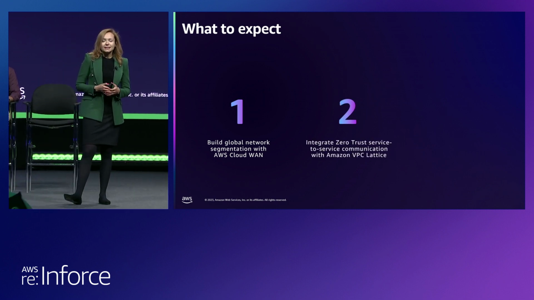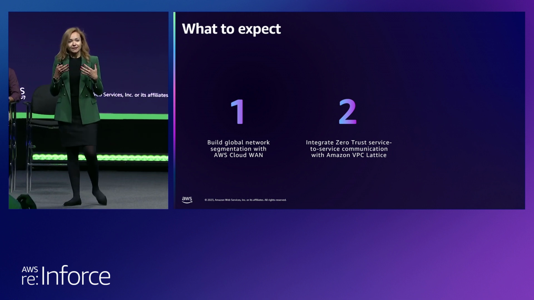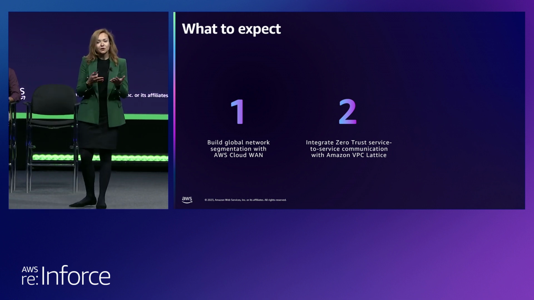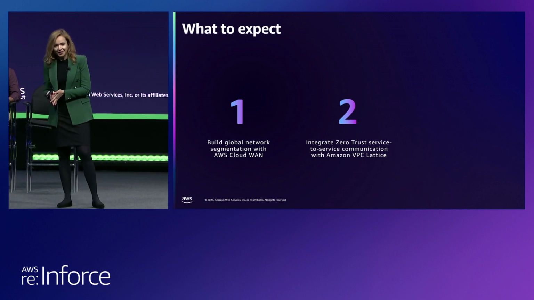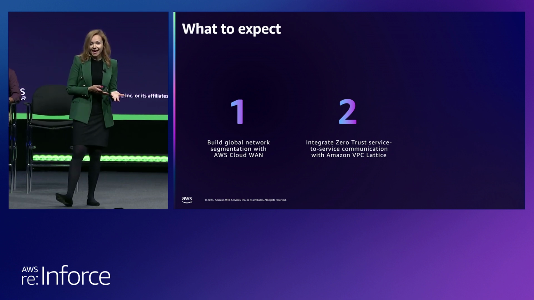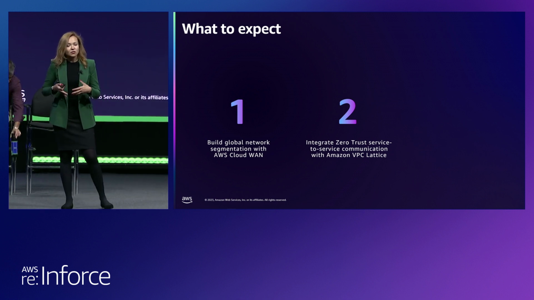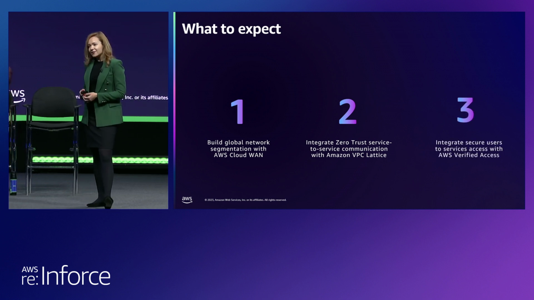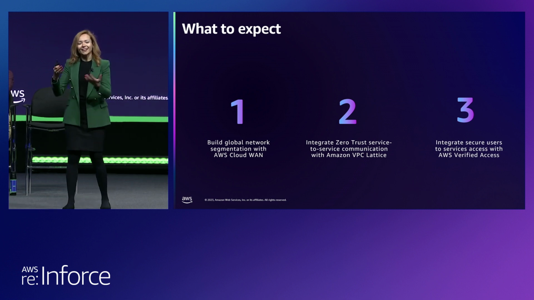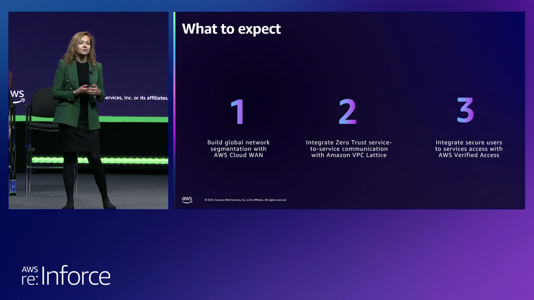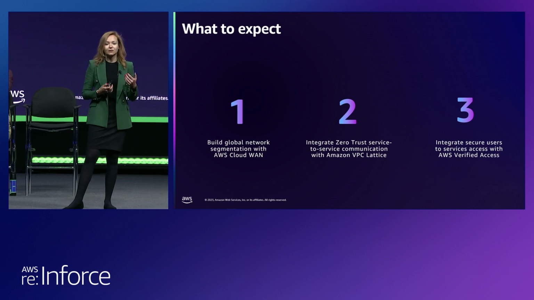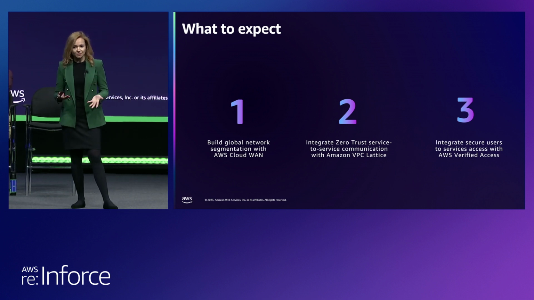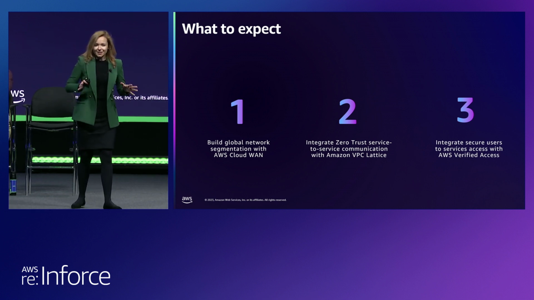Second, we will see how you can integrate zero trust principles into your service-to-service communication with Amazon VPC Lattice, and how VPC Lattice integrates with your deployment on Cloud WAN. And third, we are going to be looking at how you can bring in AWS Verified Access to secure your end user communication with your services on AWS. So this is our agenda for today.